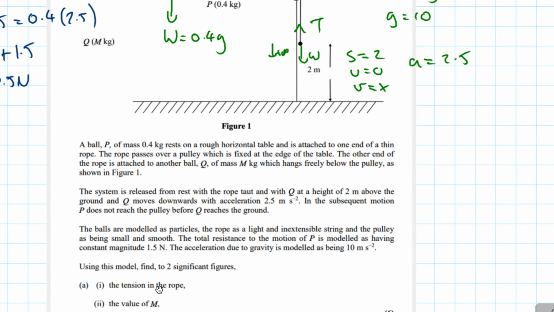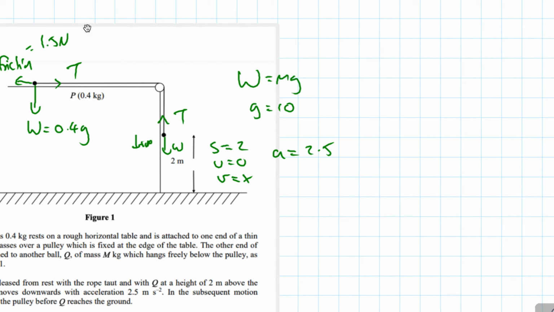And then the next question is to find the value of M. So if we look at what's happening at Q now, we have the weight going downwards, and the tension going upwards. The ball is going down, so the net force is weight minus tension.